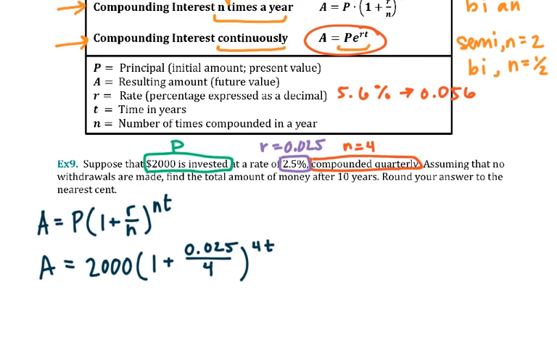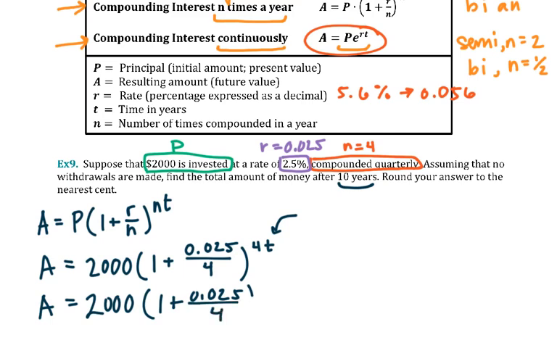So this is my function that I'm dealing with. And then we want to evaluate this at 10 years, so we could plug 10 in. A equals 2,000 times 1 plus 0.025 over 4 to the 4 times 10. So that means that our exponent is 40, and you need to be careful when you're typing this into your calculator to make sure that the 4 and the 10 are both up in the exponent.